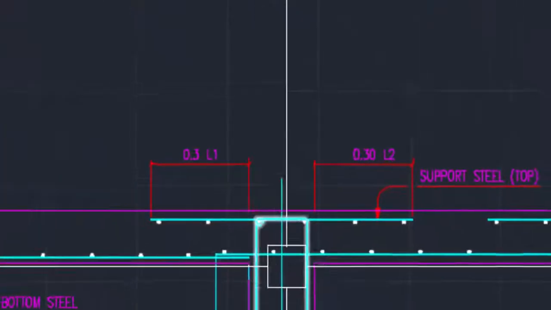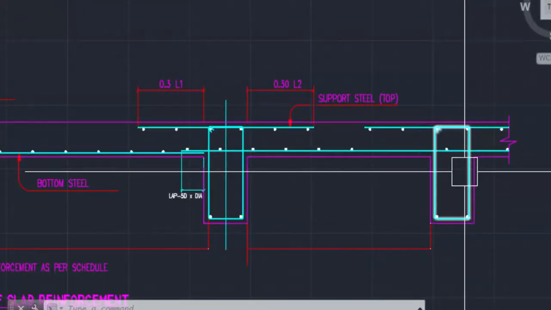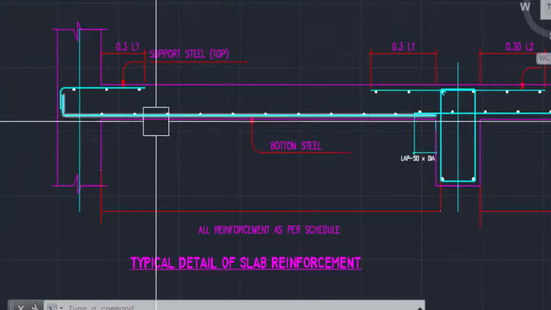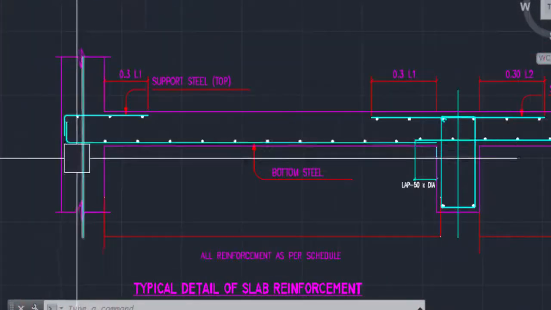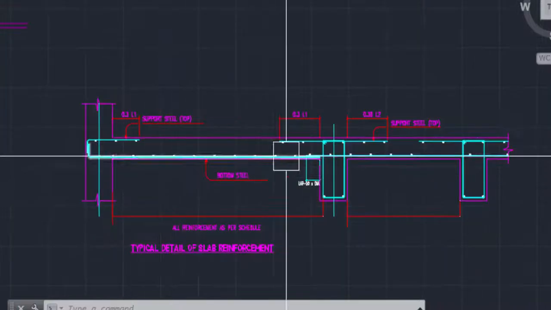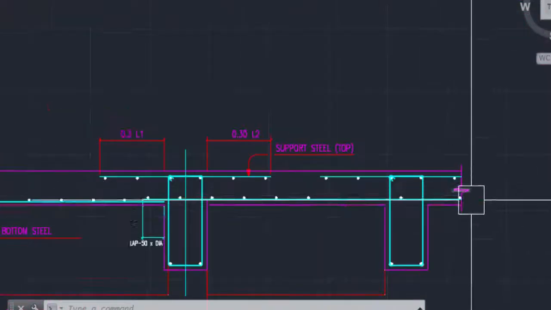Okay, and this is everywhere. So basically you have to focus on two things: one is the corner support, one is the center support. For the corner support you need to place an additional bar, but for the bottom bar, as you can see, this is going through, so there is no space.